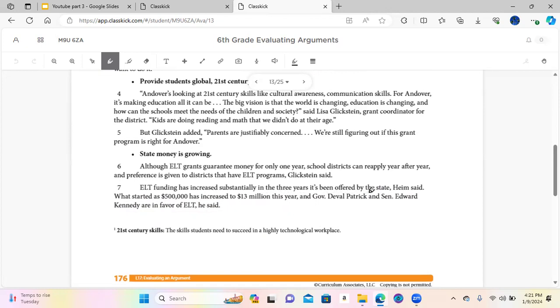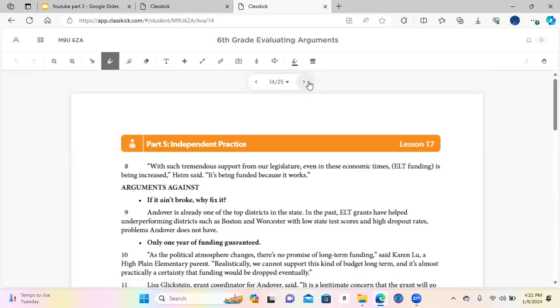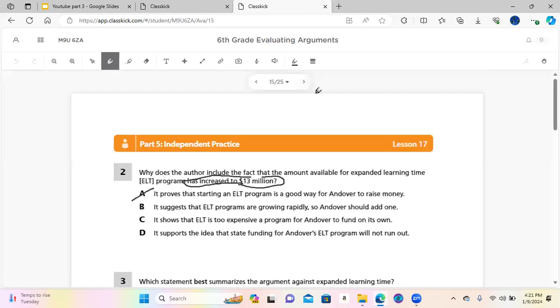It's been offered by the state. Now it says it started at 500 and has increased to 13 million. So why did they include that statement? B seems like it could be an option. So let's leave B and then we can return to it if possible.